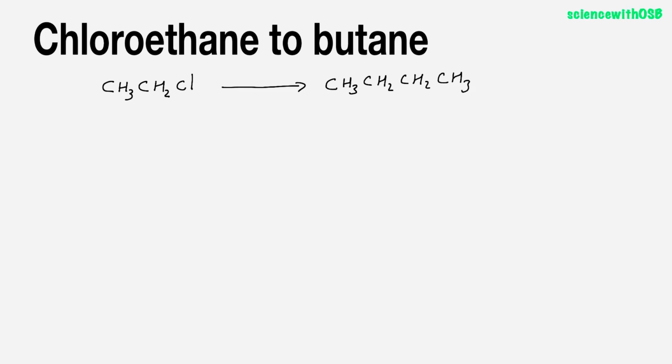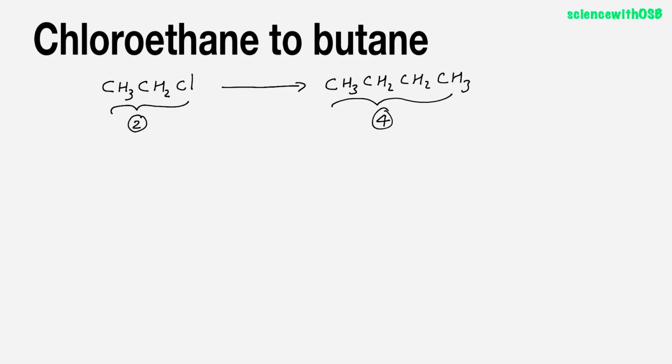You can see that the reactant is what? Alkyl halide, right? And if you check the product, you can see a hydrocarbon with double the number of carbon than the reactant. Here 2 carbon, haloalkane, and here 4 carbon, hydrocarbon. In such cases, without wasting time, go for Wurtz reaction.